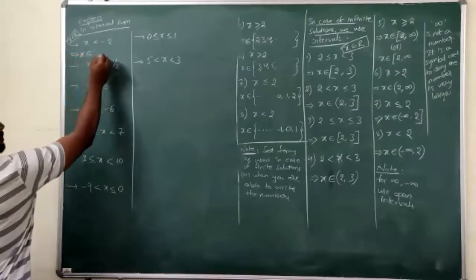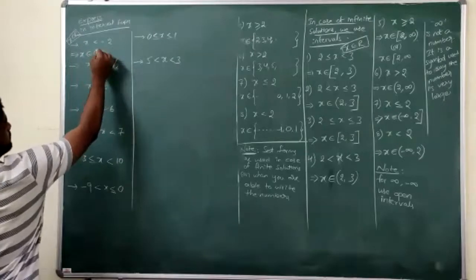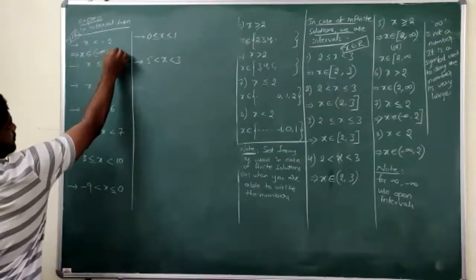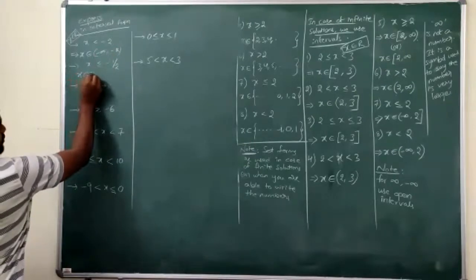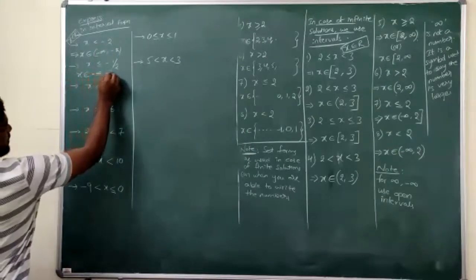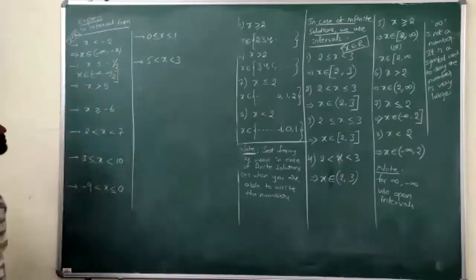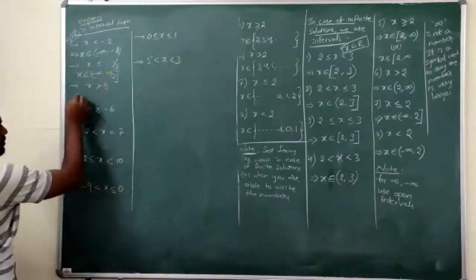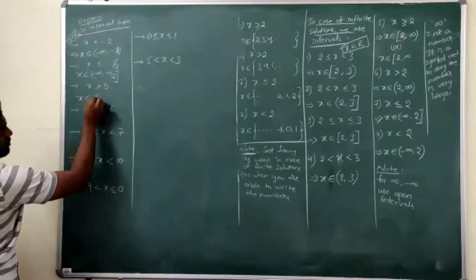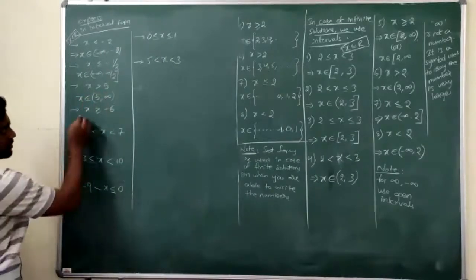So simple, na? X belongs to minus infinity comma minus 2. X belongs to minus infinity comma minus half closed. Your minus 2 open, your minus half closed. X belongs to 5 comma infinity, open for both.